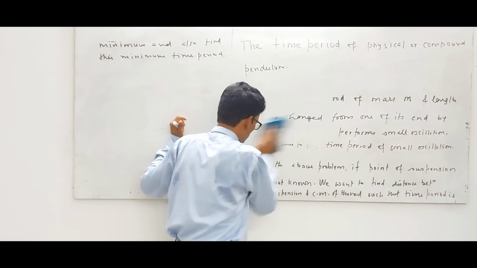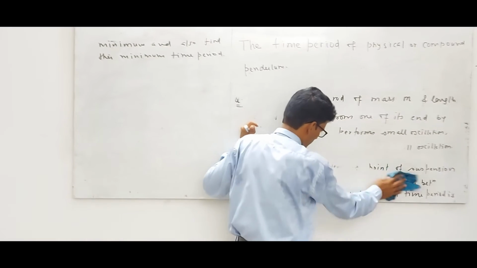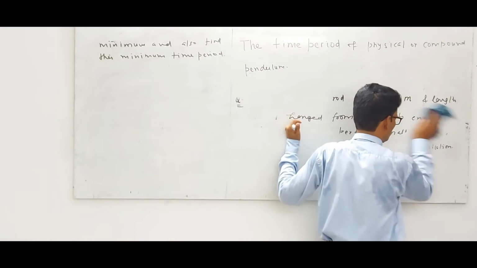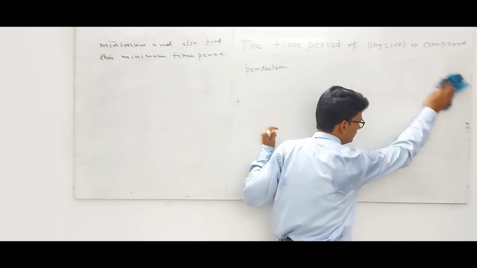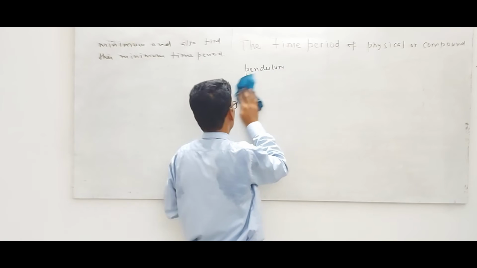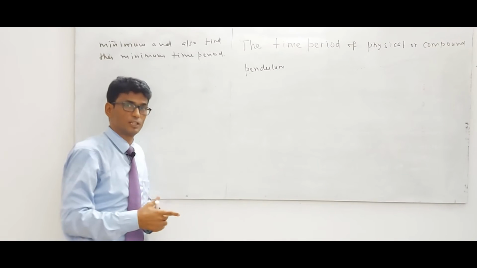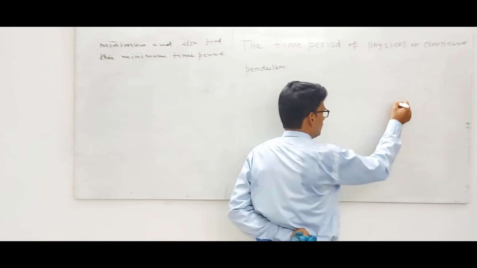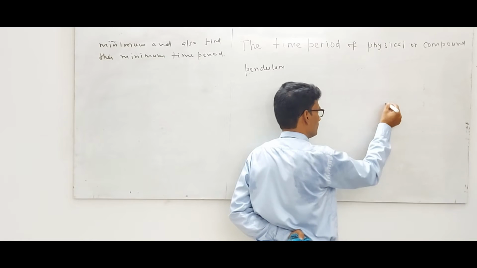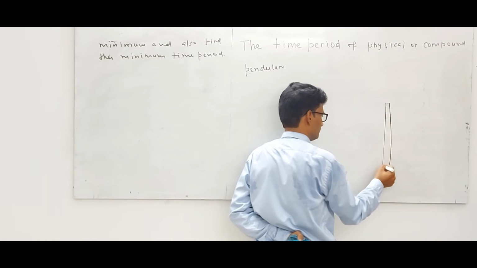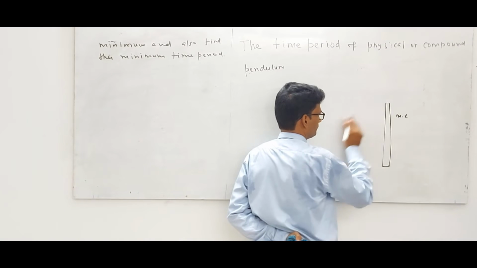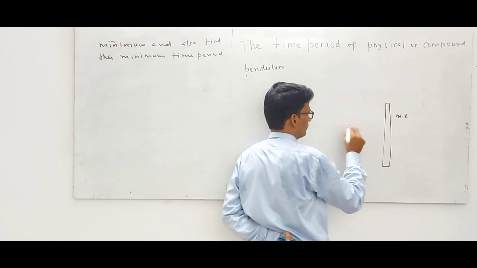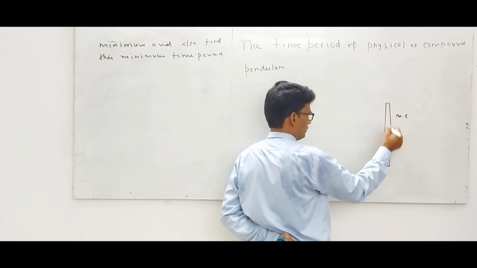So again we have to depict the situation. Depiction is the same as before in the previous problem, but we have to depict it a little bit. It will give us insight into the problem. So make it here, a uniform rod, mass m and length l. So here is the center of mass.